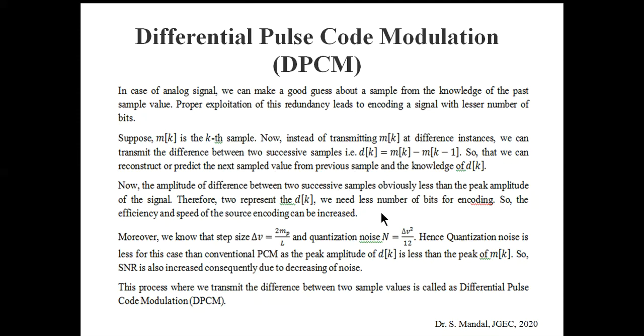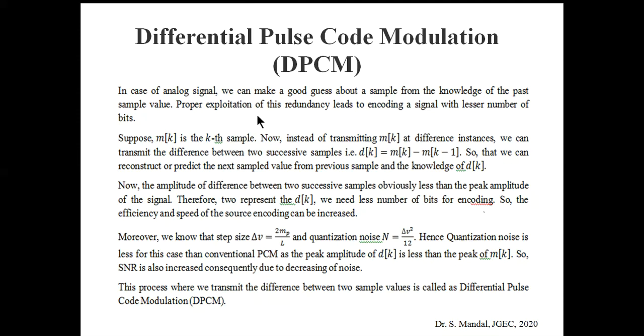Obviously it needs fewer bits to encode dk. This approach is known as differential pulse code modulation, where we send the digitized value corresponding to the differences of two successive sample points.